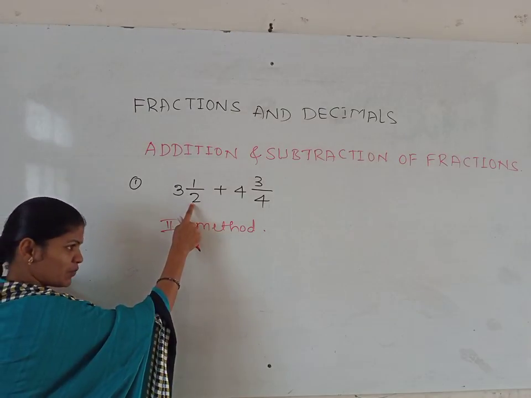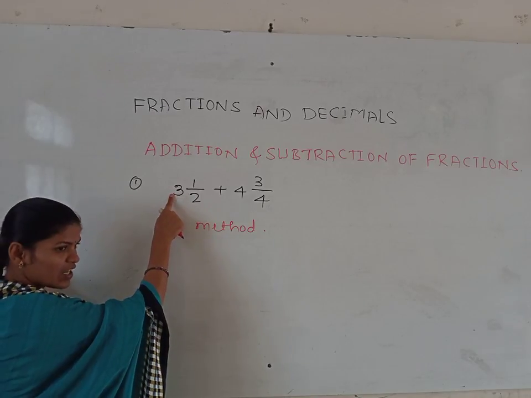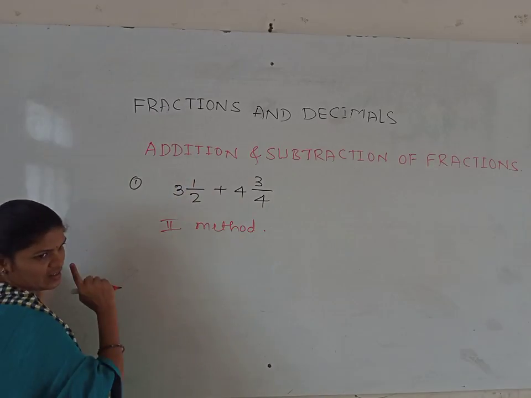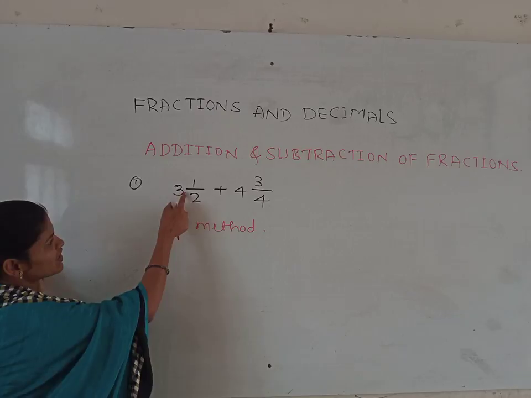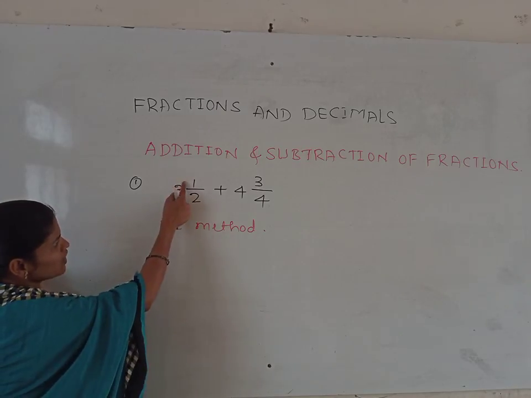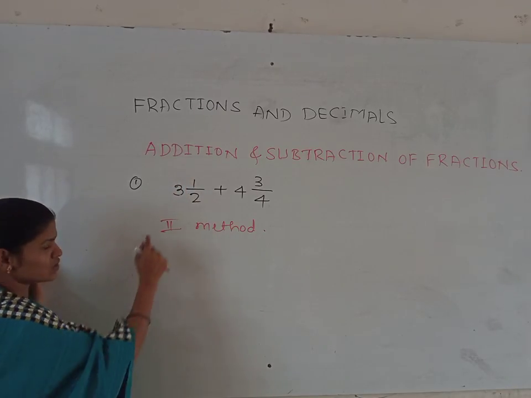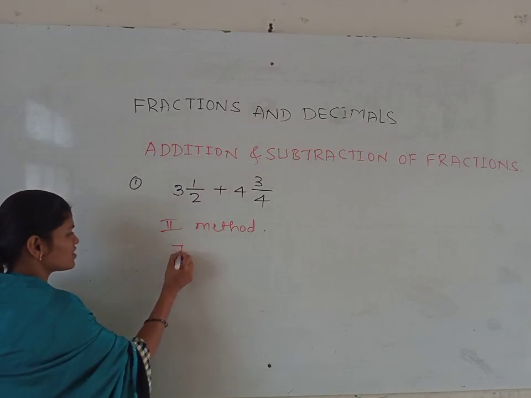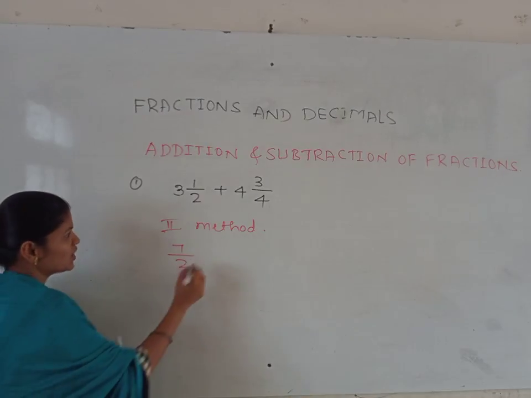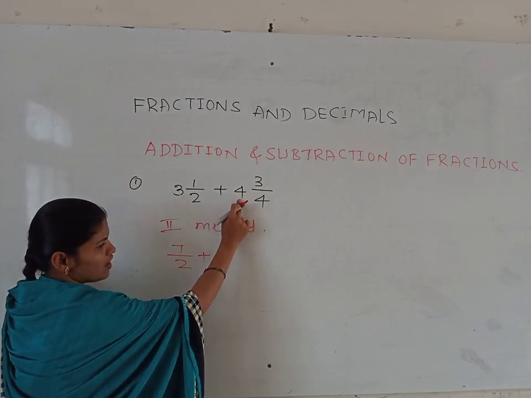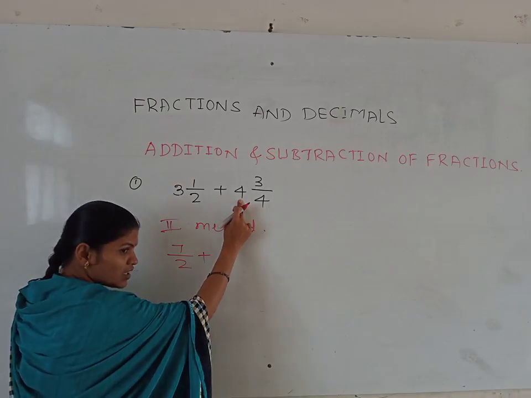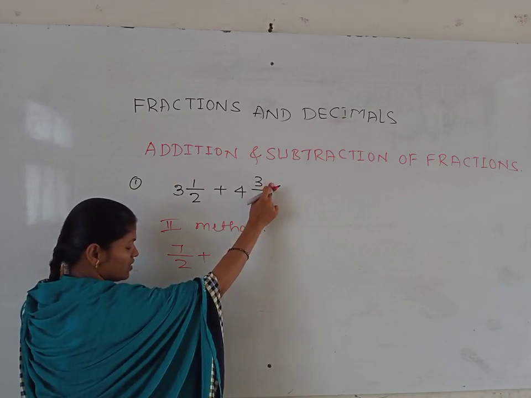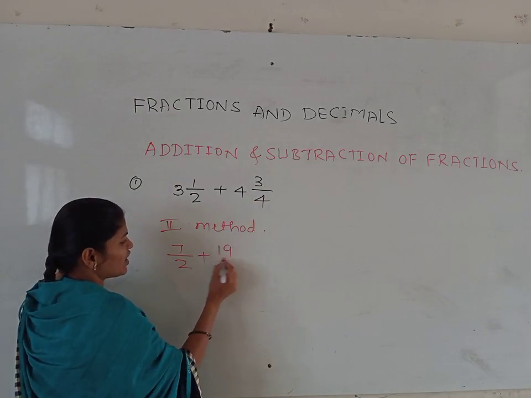Denominator multiplied by the whole number plus numerator. So 2 3s are 6, plus 1, 7 divided by 2. Plus 4 4s are 16, plus 3, 19 divided by 4.